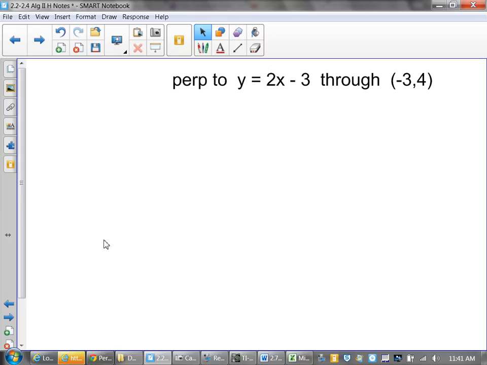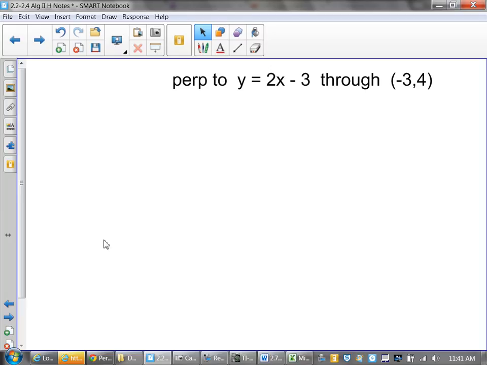What I like to try and do with these things, and I've set this up the exact same way no matter what level I've taught, whether it was pre-algebra, algebra, advanced algebra, or geometry, is present it the same way, because in math, if you follow the same progression of steps, more often than not, you're going to get it right.